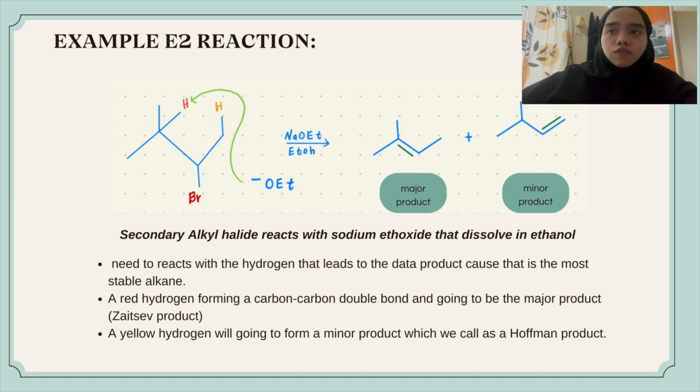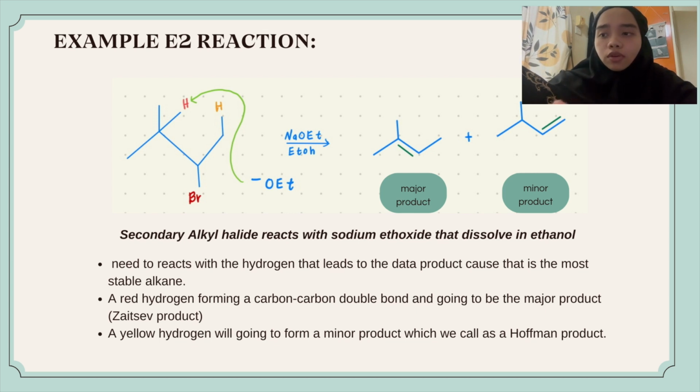Now, let's move on to the example. Here in this E2 reaction, we have a secondary alkyl halide that reacts with, let's use a strong base, sodium ethoxide dissolved in ethanol.